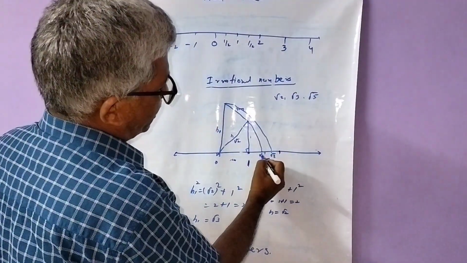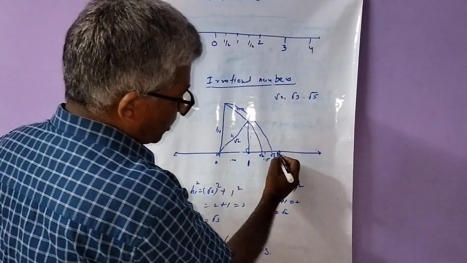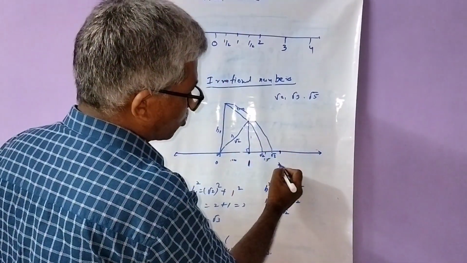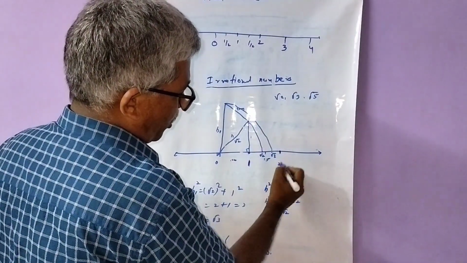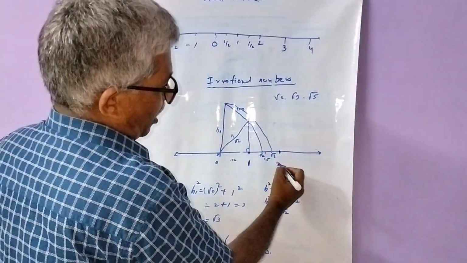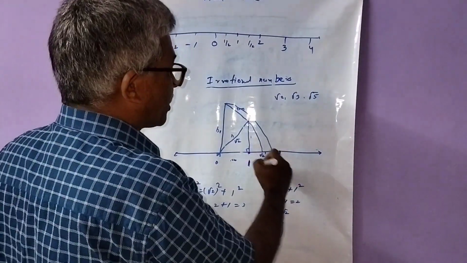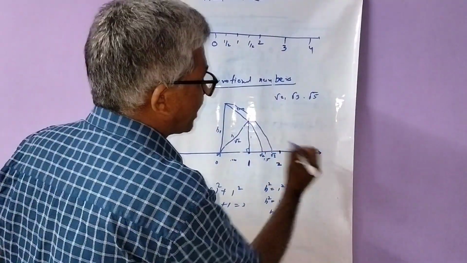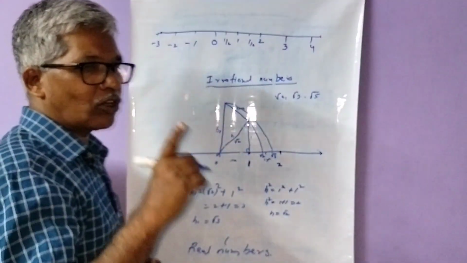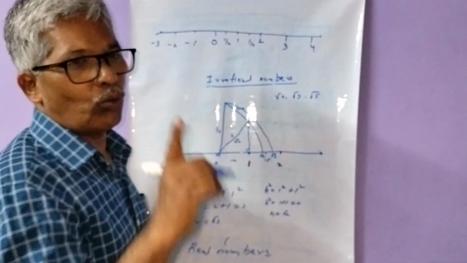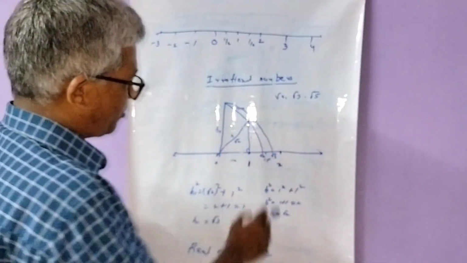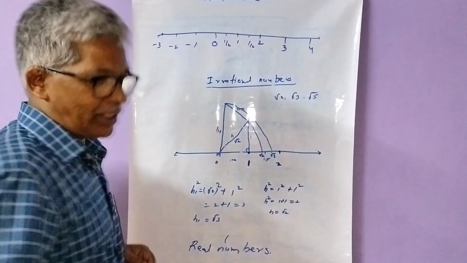This point represents root 2. There is no other point on the number line representing 2. That means this point represents only 2, and 2 cannot be represented by any other point. There is one-to-one correspondence: one point, one number. That is one of the properties of real numbers related to the number line.